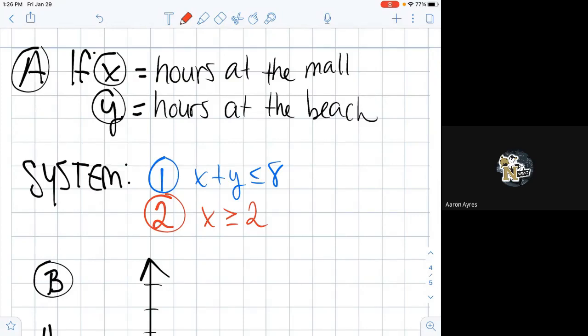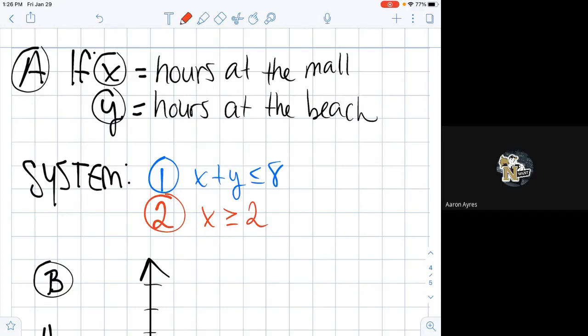That's okay. She said she wants to spend at least 2 hours at the mall. If x is the number of hours at the mall, it has to be 2 or more. X is greater than or equal to 2.